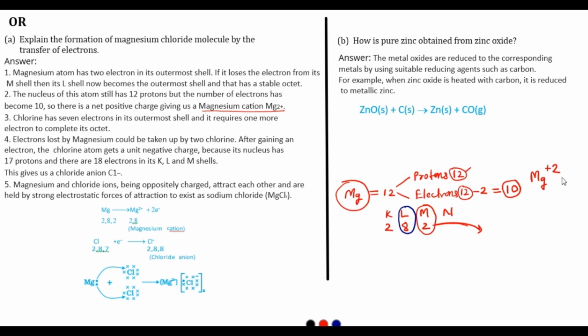Chlorine has 7 electrons in its outermost shell and it requires one more electron to complete its octet. As I have discussed earlier, Cl atomic number is 17. It has 17 protons and 17 electrons as well.